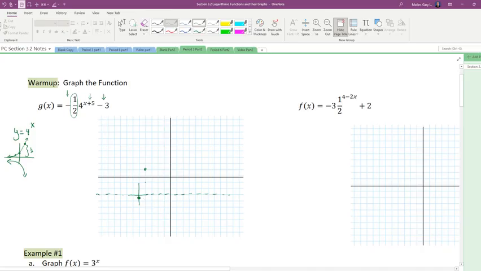So now instead, I'm going to be half of that. So it'd be down here at 2 instead, except it's flipped over. So that means I'm going to be over 1, not down 4, but down half of 4. The next point would be over 2 and up 16.